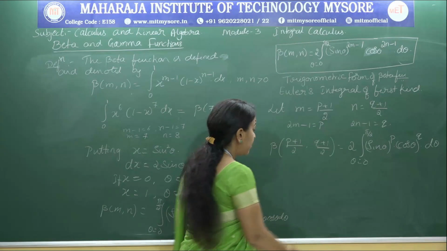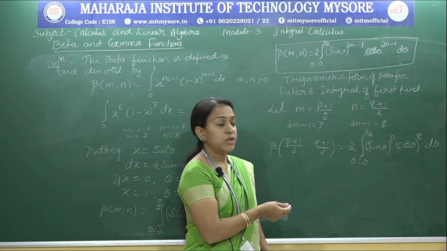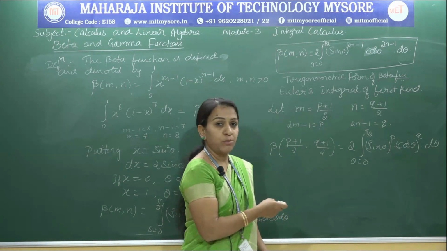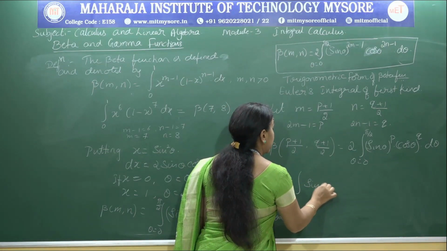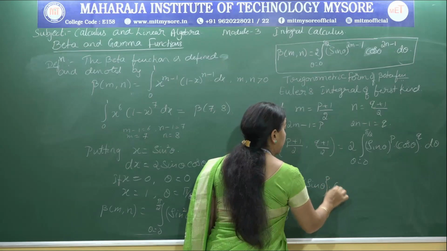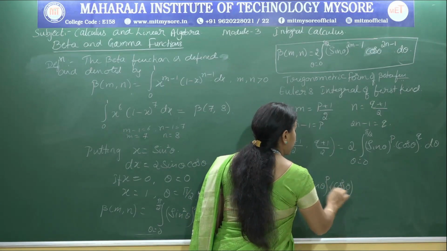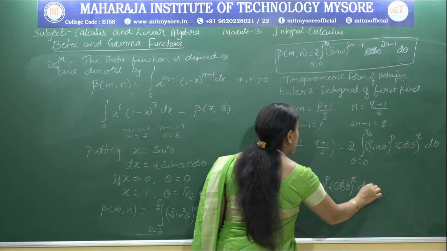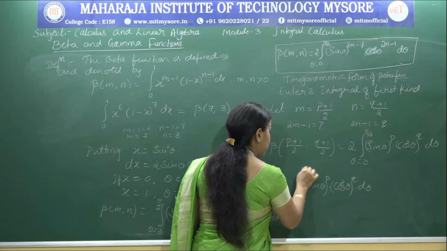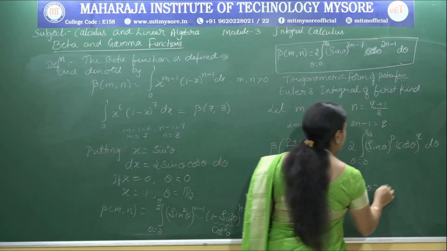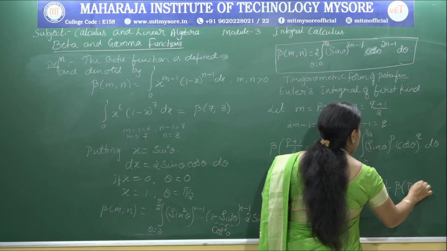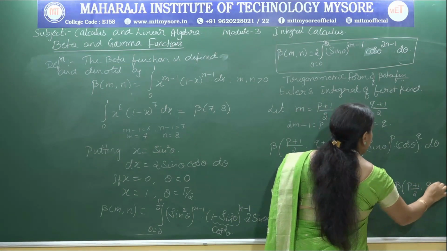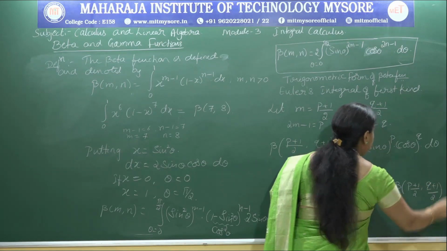Let me write one more step which is more suitable to solve the problem. If I have an integral of sin theta to the power of p into cos theta to the power of q d theta, where theta varies from 0 to pi by 2, it is nothing but 1 by 2 times beta of p plus 1 by 2 comma q plus 1 by 2.